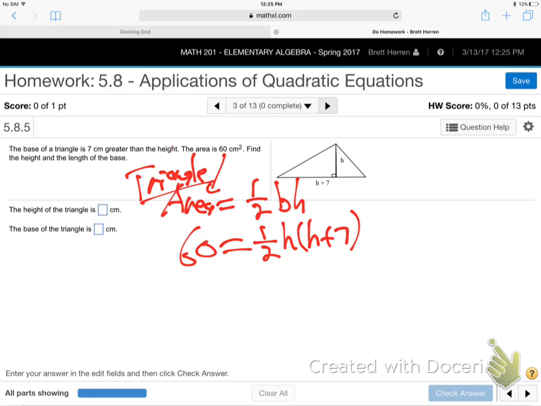Good to there. So for a triangle, the area is half the base times height. Put in the base and the height. Good.